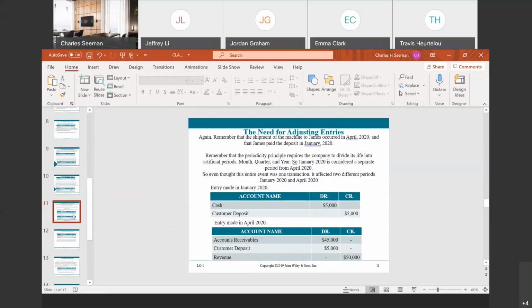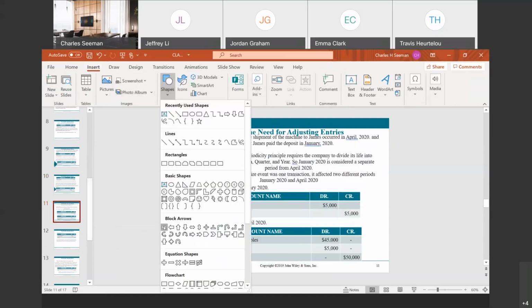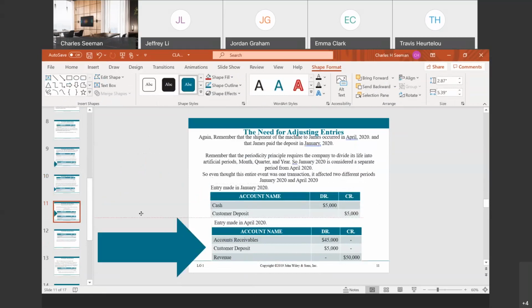So this is the whole thing in a nutshell. Remember, this journal entry was done in January, so it was self-contained in January. A related but separate transaction happened in April, and it was recorded this way.